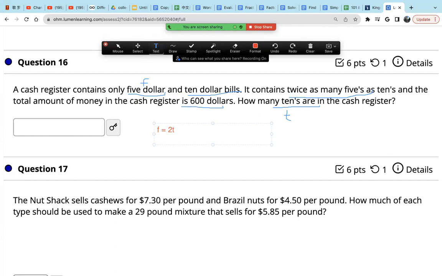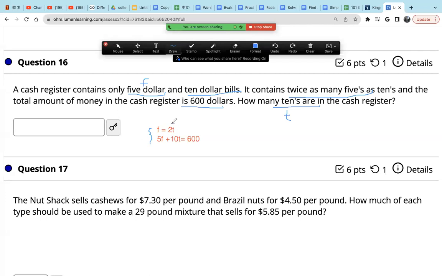So if F is $5 each, that's 5 times F, right? That's how much in $5. And for $10, each one is $10, so the tens are 10 times T. Plus together, that equals 600. So we have formed a system of two equations.